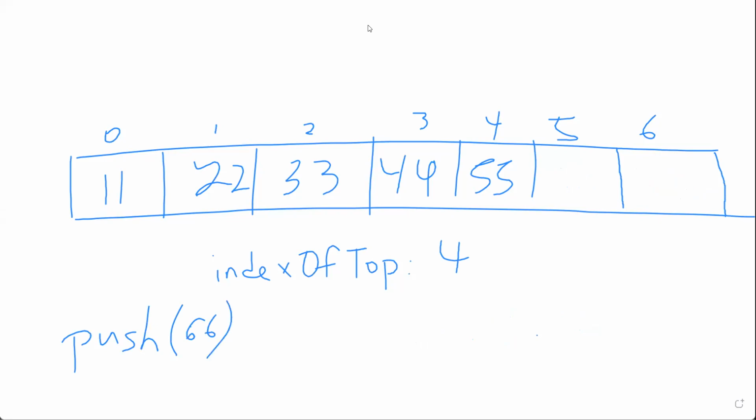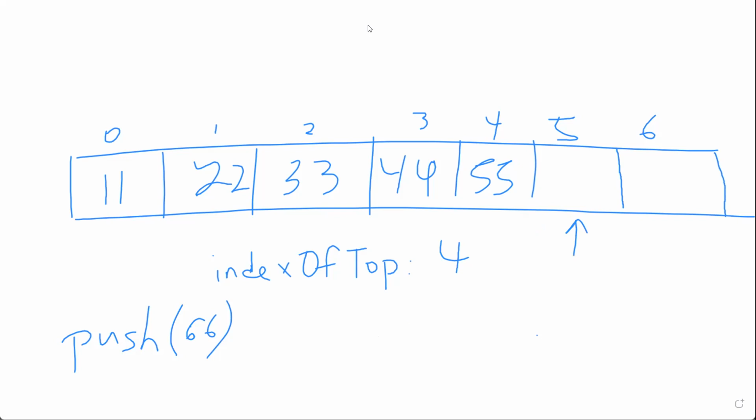So what do I want to do? Well, I first need to increment index of top. I want to get to this index, to this element of the array, and I want to put 66 over here. But I also need to increment index of top. Now, which one should I do first?